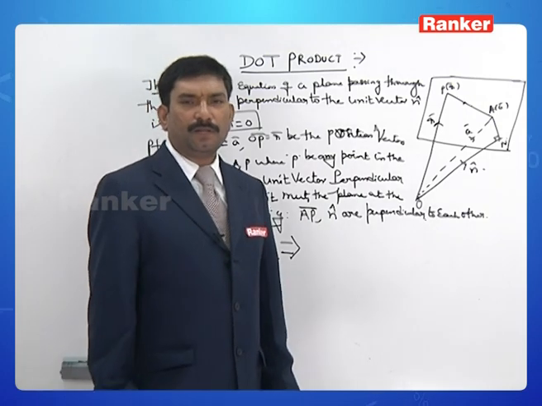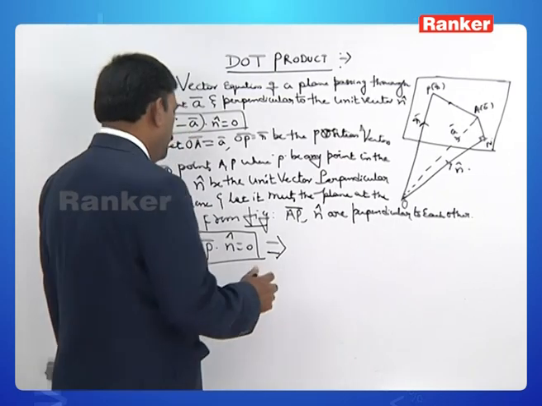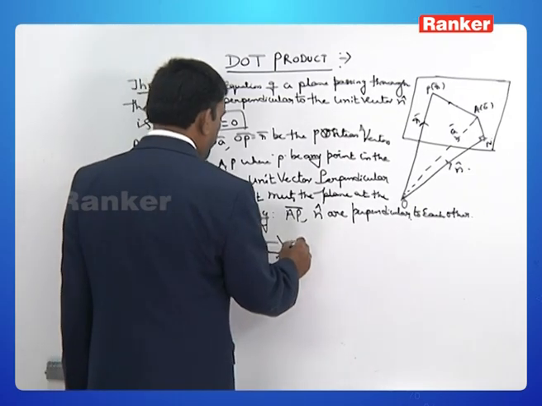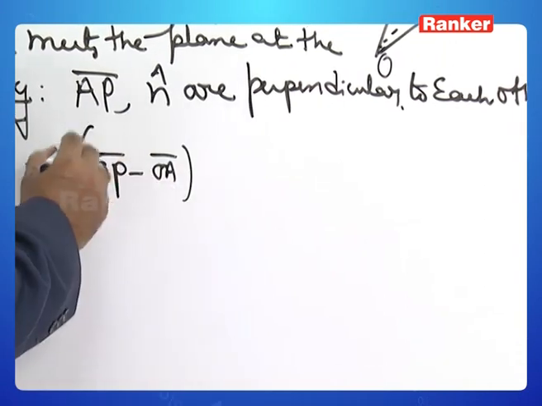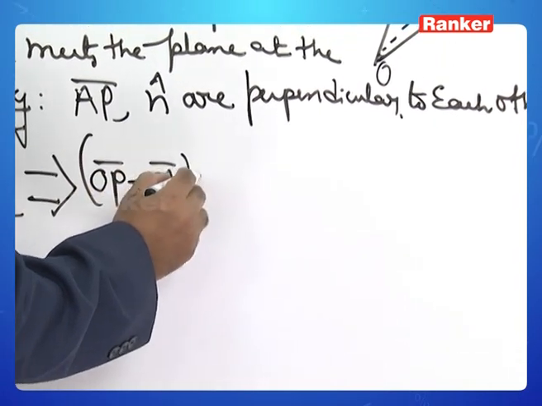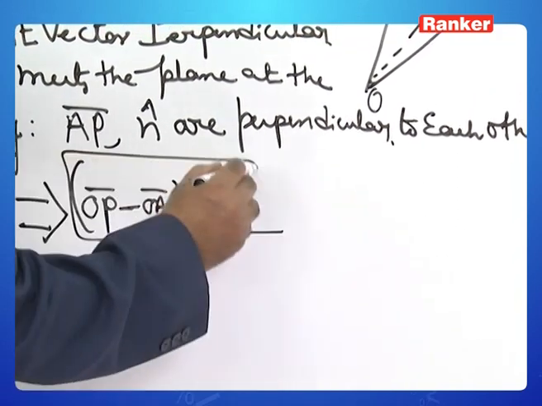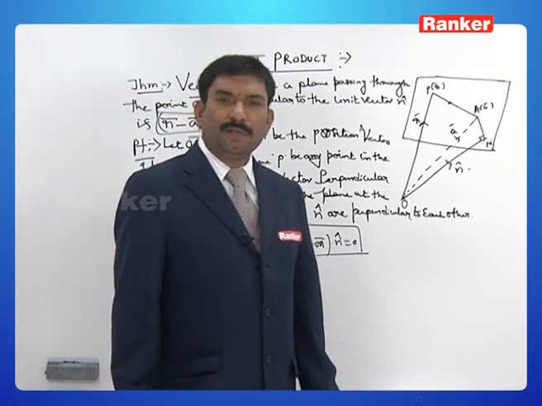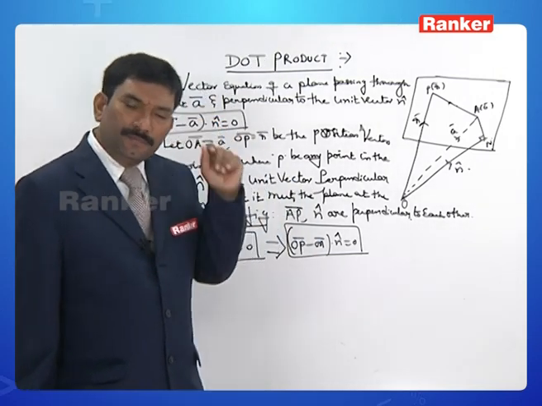That is OP minus OA, which implies OP bar minus OA bar dot N cap is equal to 0.